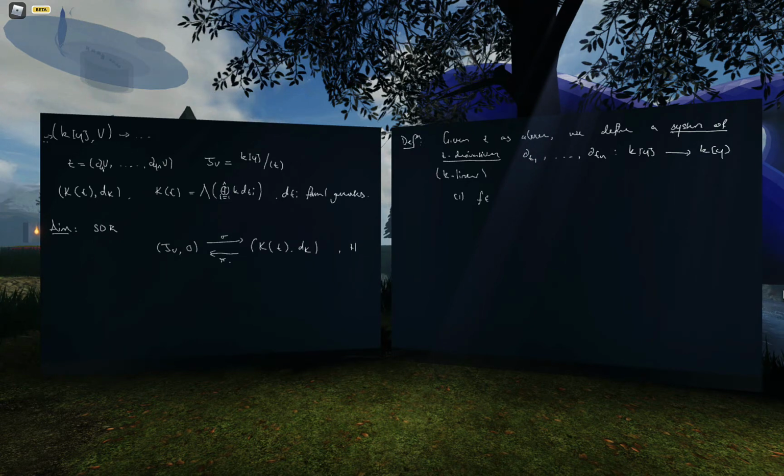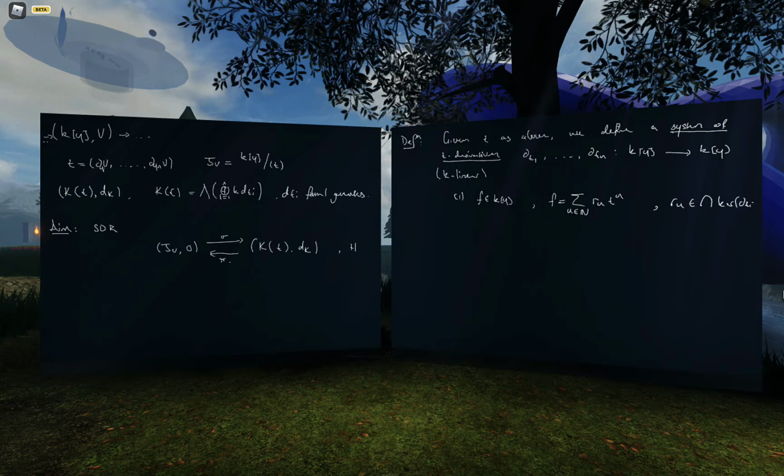So for F in Ky, F can be written in the following way, as a polynomial in the Ti's, where these U's belong to the common kernel of these maps.